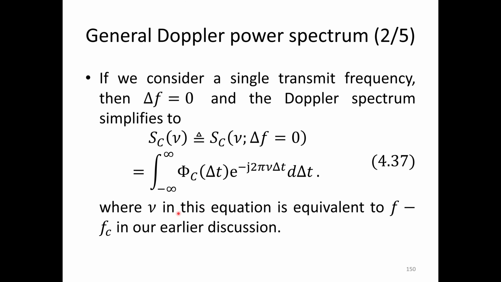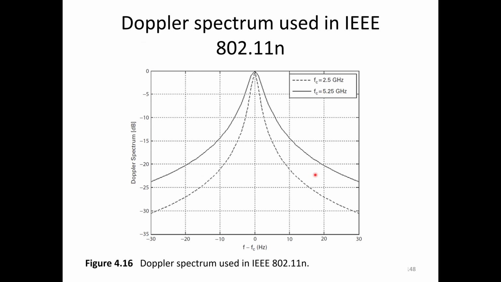Okay, where V in this equation is equivalent to F minus Fc in our earlier discussion. Why is V equivalent to F minus Fc? Because we can go to this figure. This is the Doppler spectrum, and the Doppler spectrum is a function of F minus Fc.